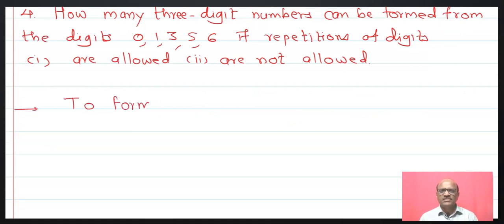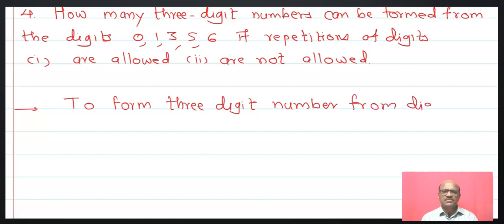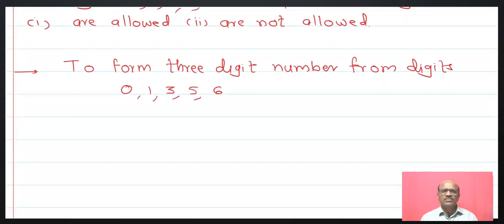Now, to form a 3-digit number from the digits 0, 1, 3, 5, 6. In a 3-digit number, the places are the unit place, 10 place and the 100 place.